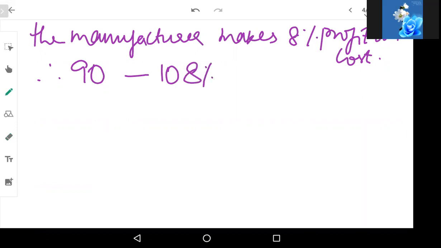So for 100%, how much? This is what we are trying to find out. Now calculate this. How do you do this? 90 into X is equal to 108 into 100, divided by 90.